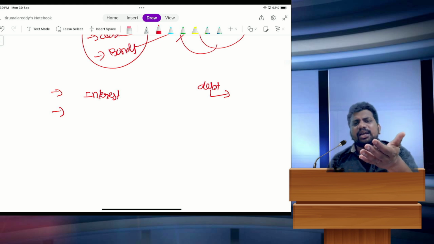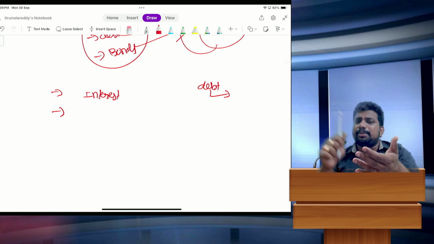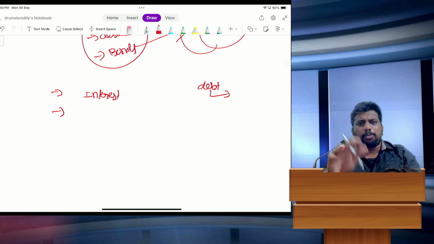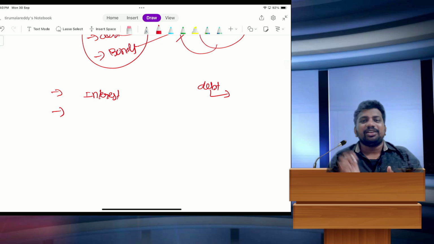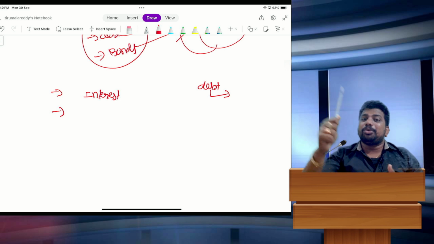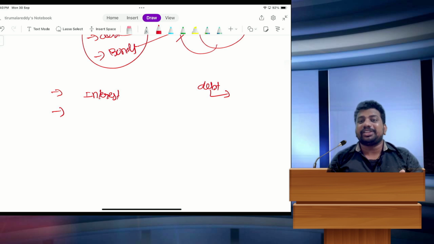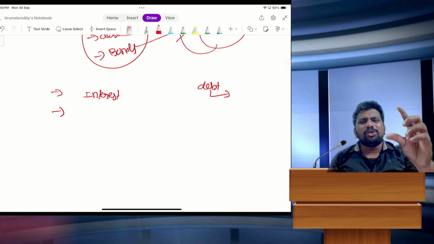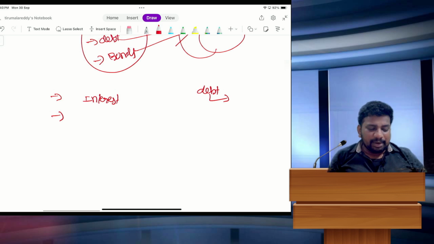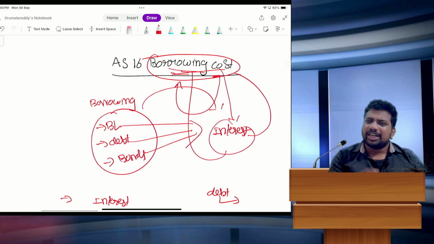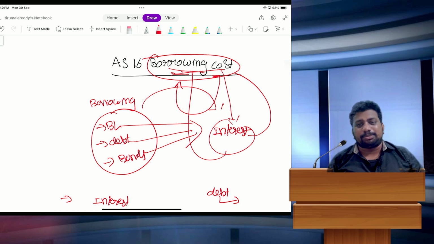When I say at par, a 100 rupee debenture I am giving for 100 rupees, so no profit, no gain there. If I'm issuing at a premium, a 100 rupee debenture I am giving for 120 or 130 or 140 as the case may be. When I am giving it for more than the face value, that extra amount is like income to me. But my chapter name is cost. So exclude the premium concept also.